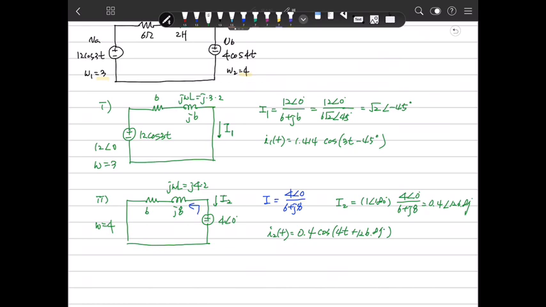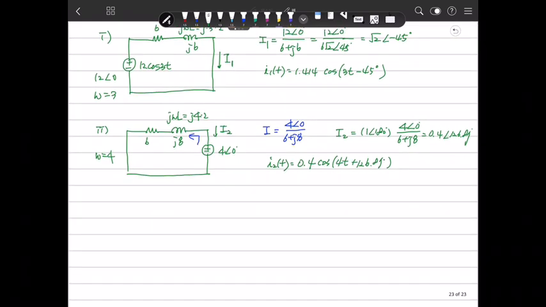So how to calculate the power? In this case, because the frequencies are different, the power is P1 plus P2.